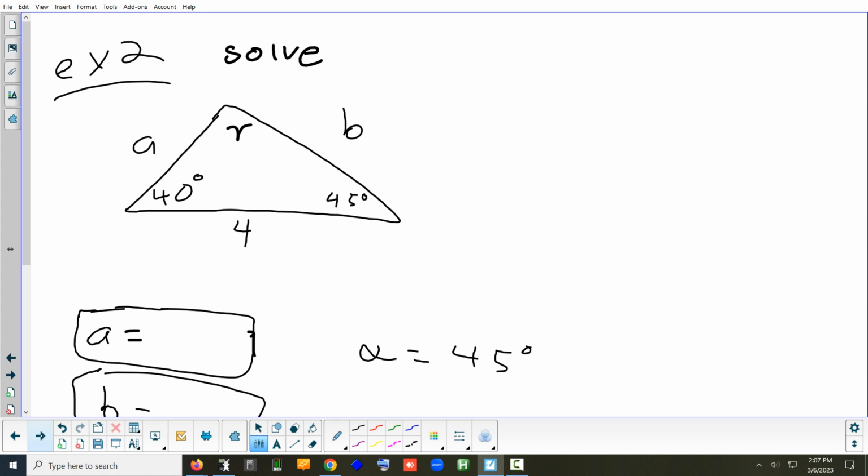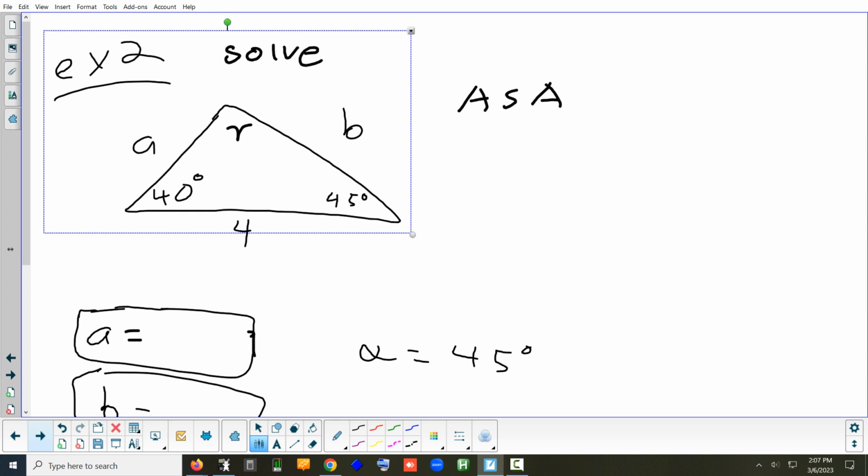That's angle side angle. The reason it's angle side angle is because you know 2 angles, and the side that you know is between the angles. It connects them. Angle side angle.